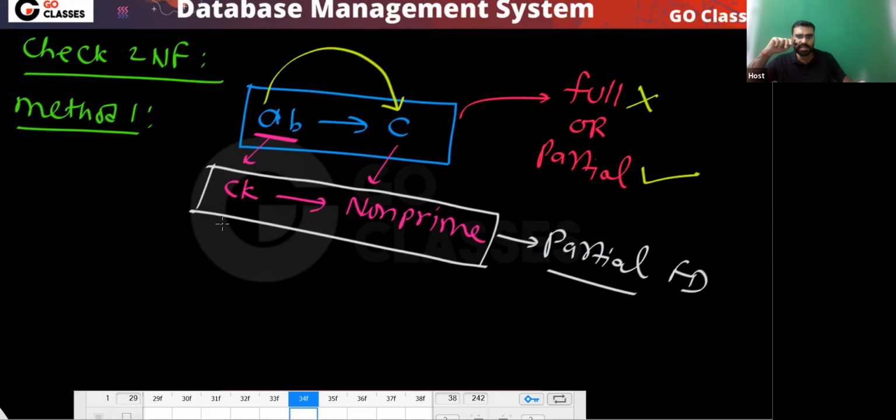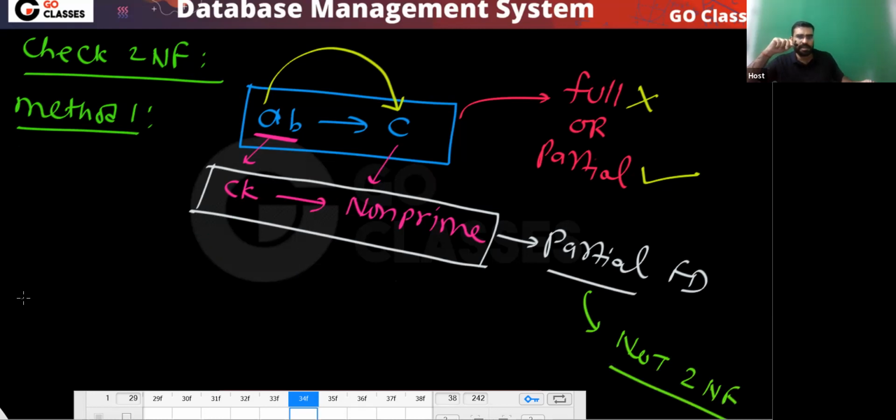If this type of FD is partial FD, then your relation is not in 2NF, right? Because what is happening?